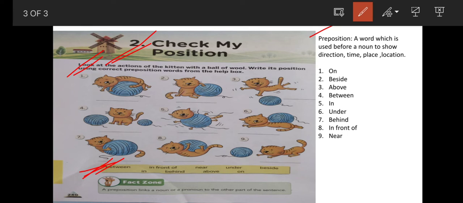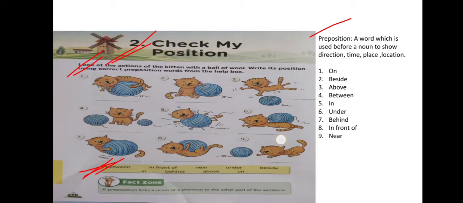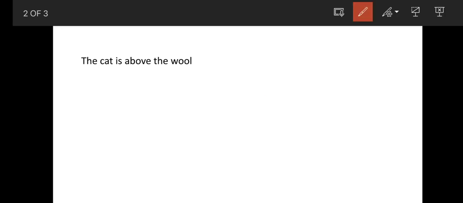In a simple way, we can say that a preposition links a noun or a pronoun to the other parts of the sentence. As you can see here, this is an example. The cat is above the wool.